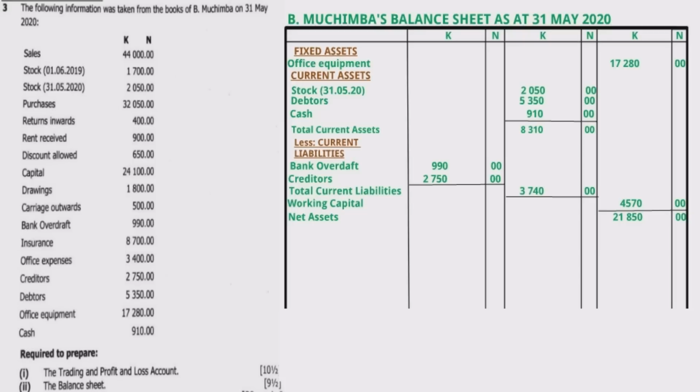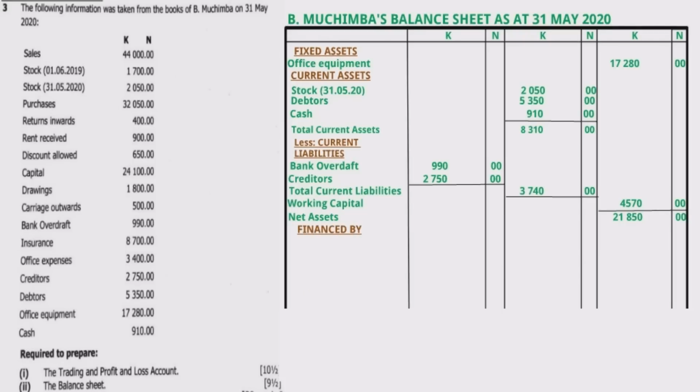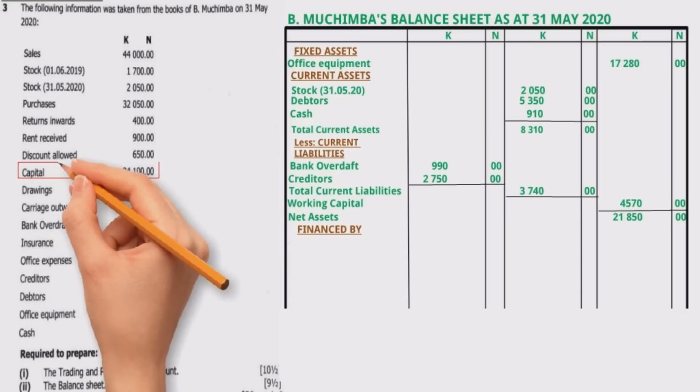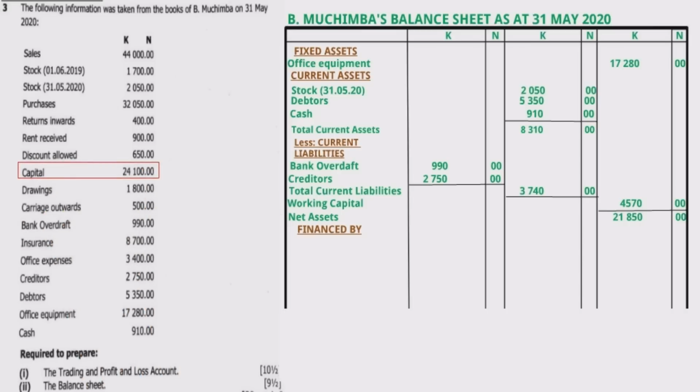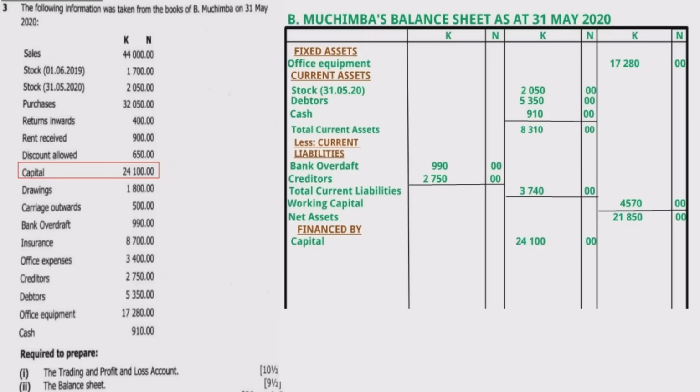So we write here financed by. The capital, I'm sure you have seen where we got it, is given in the details. The capital is 24,100 kwacha. Then net loss, like I said earlier on when I was solving question 3.1, I told you that we should pay attention to the net loss because we are going to use it in the balance sheet.